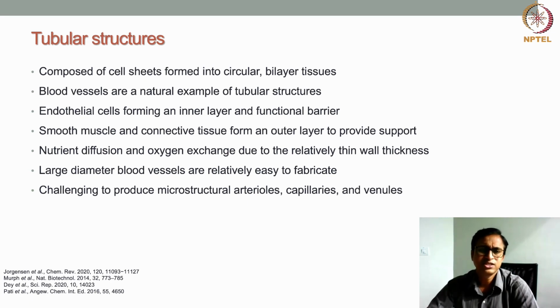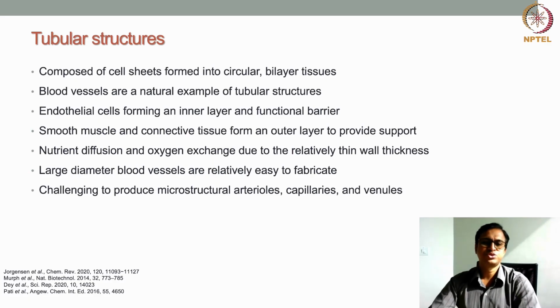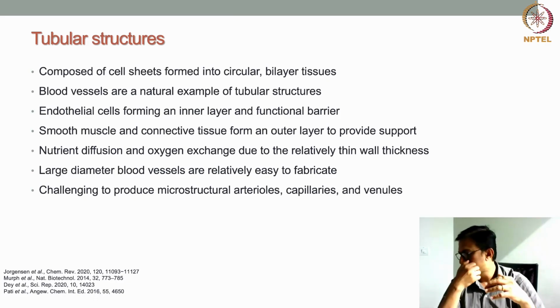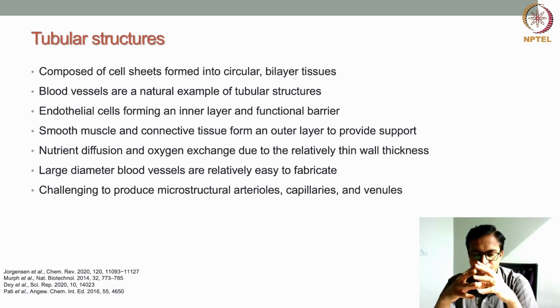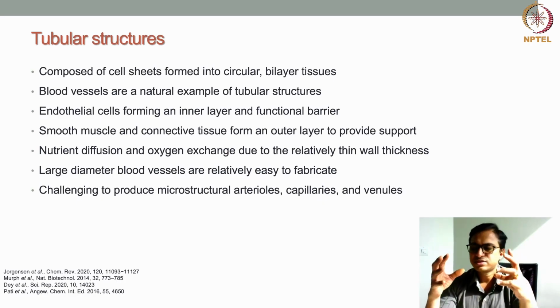Now here also there is a requirement of nutrient and oxygen exchange, but that requirement is not very stringent because of the thin wall thickness. So nutrients and oxygen can diffuse into the bioprinted tissue structures even if the complete vascular network does not develop at the beginning.